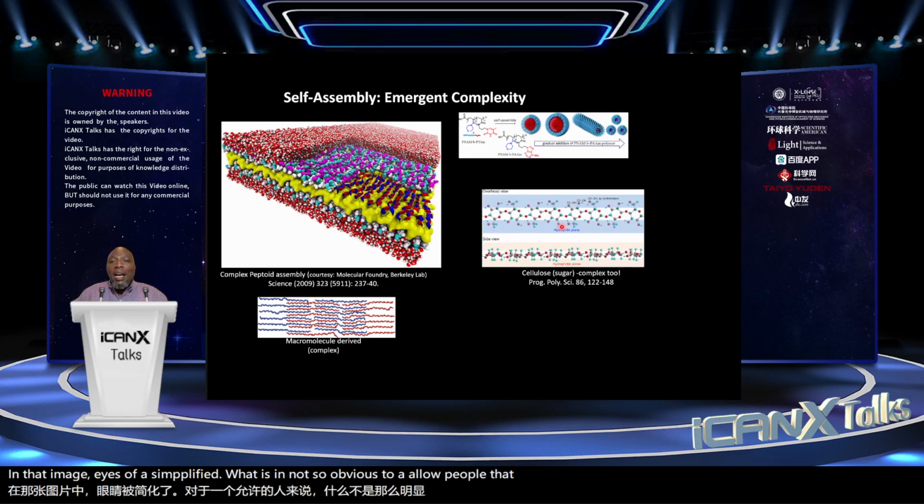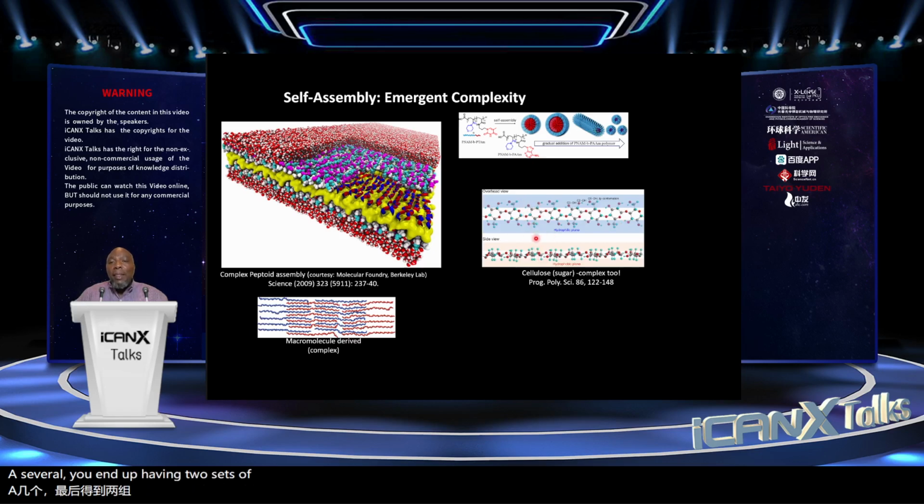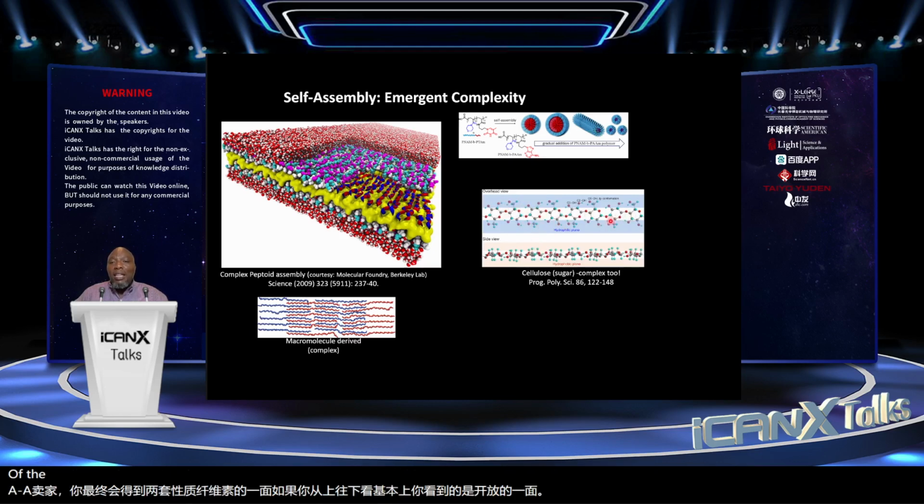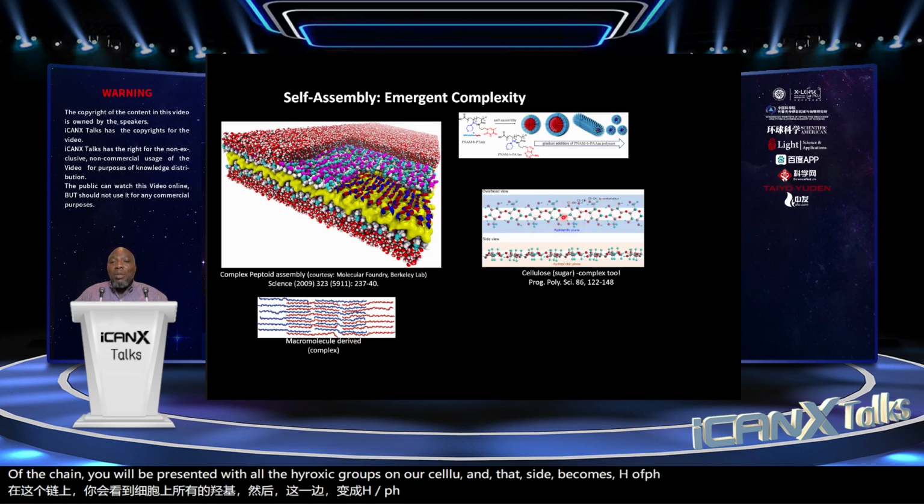That if you have a cellulose, you end up having two sets of properties. One side of that cellulose, if you look at it from top down, basically you're looking at the open side of the chain, you will be presented with all the hydroxyl groups on that cellulose, and that side becomes hydrophilic, it's water liking.